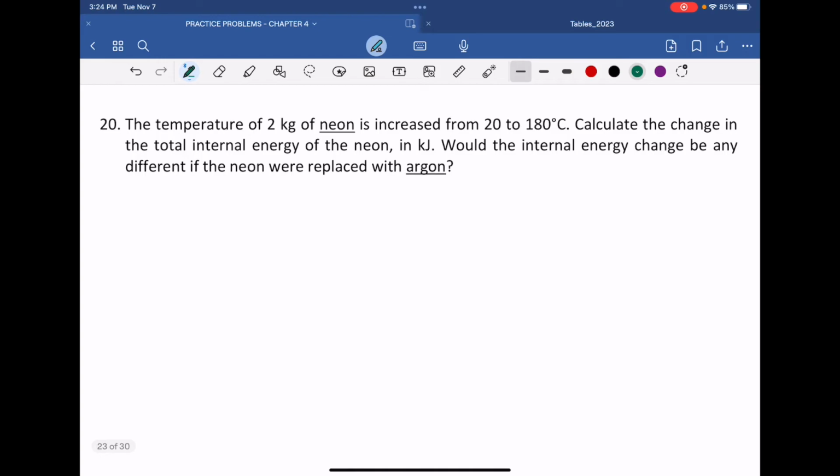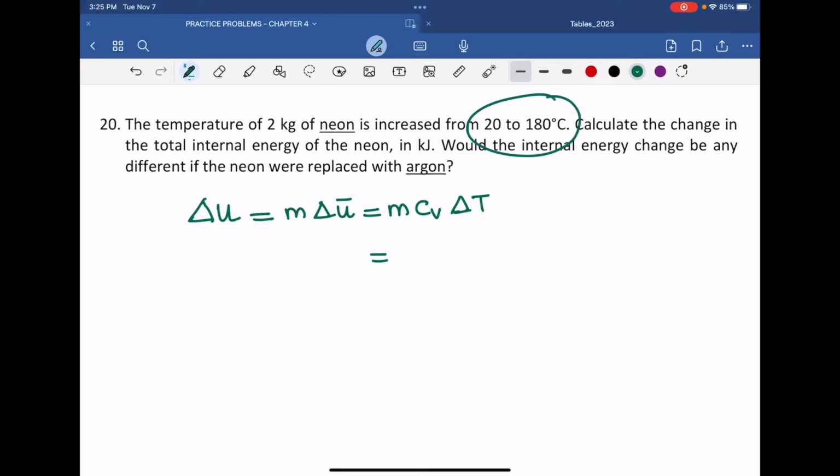So basically what we are trying to say here is they're asking for the internal energy change, and that is we calculate for an ideal gas when we can replace delta U with Cv delta T. And we need to accept a single Cv value between those temperature ranges, and then mass is 2 kilogram, and we read the Cv to be this value, and the temperature change is this.